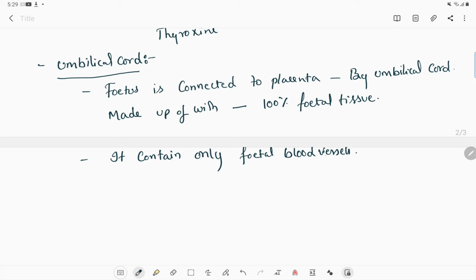So this umbilical cord contains only fetal blood vessels, and the blood that is flowing in the umbilical cord, that means the umbilical blood vessel is only to the fetus. Okay, only to the fetus, right?